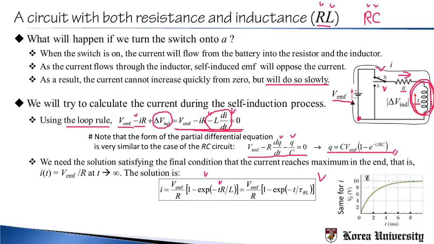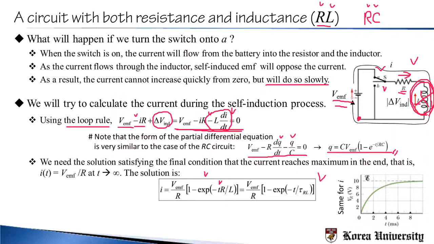And then how about after a long time after the switch was turned on? After a very long time, the change will be almost gone. If the current is constant, there will be no self-induction. So after a very long time, this inductor is nothing more than a conducting wire. If you remove this part, the only thing you have is an EMF device and a resistor.